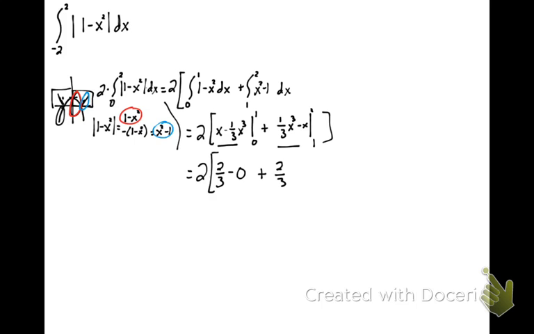And when x is 1, I'll have 1/3 minus 1, or 1/3 minus 3/3, which is negative 2/3, so minus negative 2/3. When I put all of that together, I've got 2/3 plus 2/3 plus 2/3, or 6/3, or just 2, and 2 times 2 is 4.